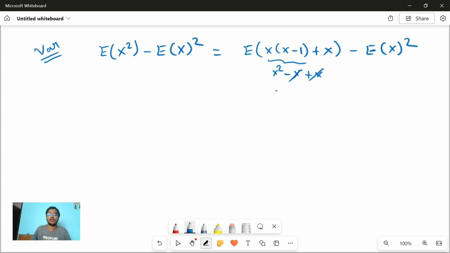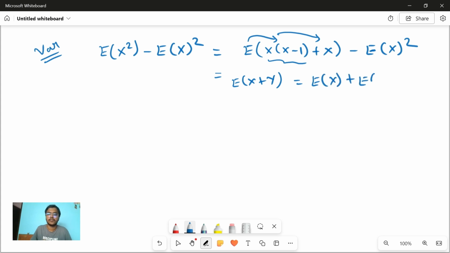So this is right, and the property of expectation is that you can bring this inside. When it is E of X plus Y, with two random variables, we can do E of X plus E of Y. So I'm doing a similar thing here: E of X into X minus 1 plus E of X minus E of X the whole square.